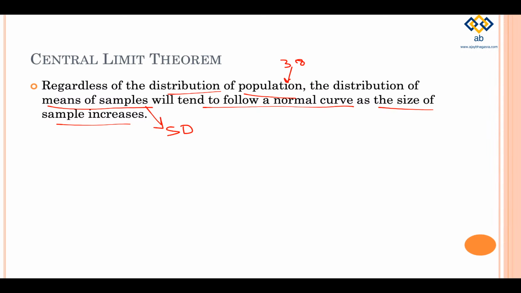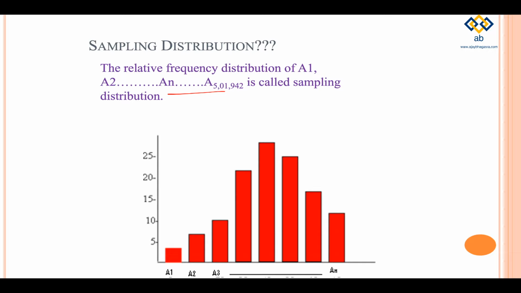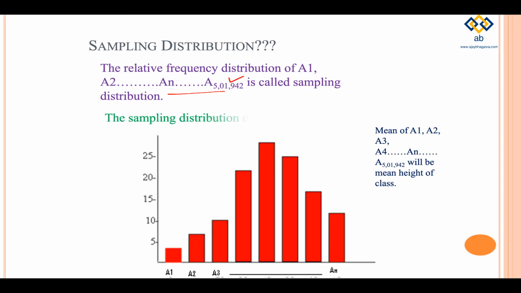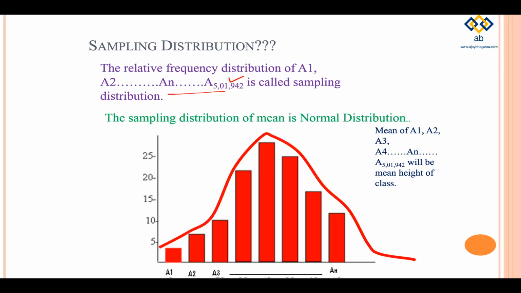So our case was that we have 5 lakh 1942. The distribution we are talking about here, we have already discussed, is going to be a normal distribution by the central limit theorem. By following the central limit theorem, this distribution is a normal distribution.